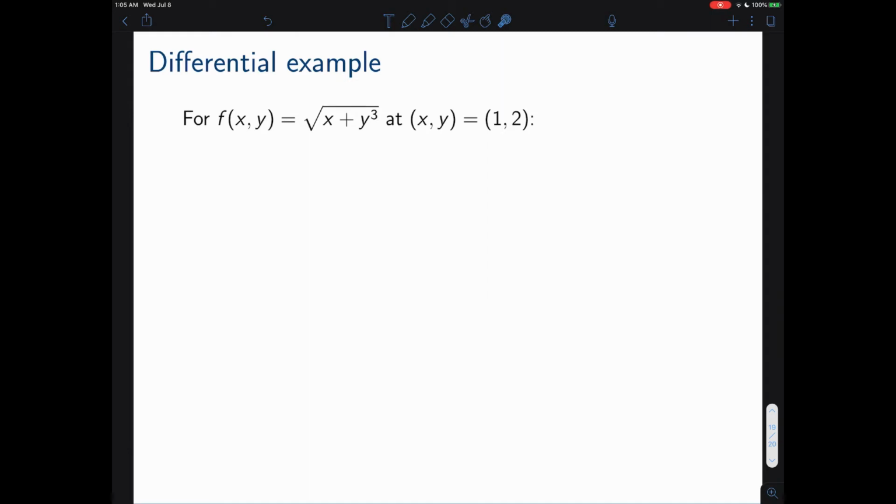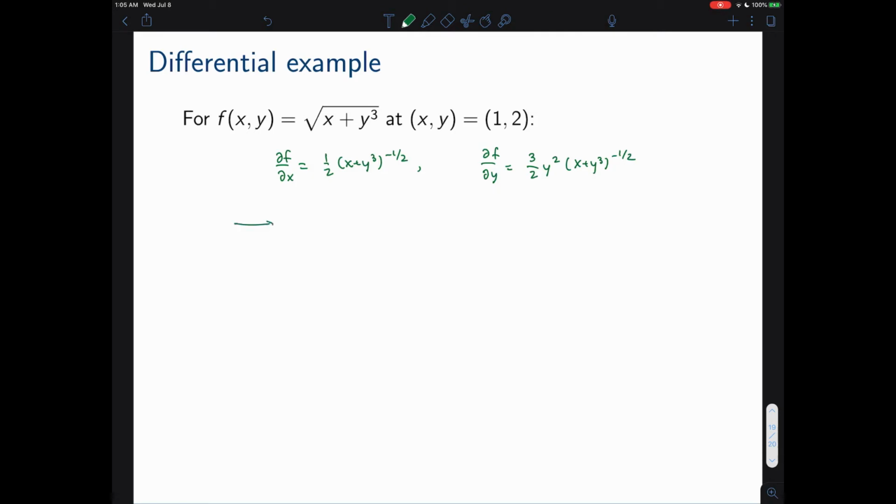Let's see an example. Let's write down the differential of the function that we've been using as our example, square root of x plus y cubed. We found it before, but let's work it out again. The x derivative is 1/2 x plus y cubed to the minus half, and the y derivative is 3/2 y squared x plus y cubed to the minus half.